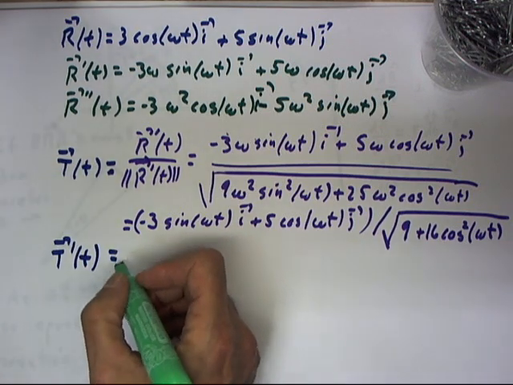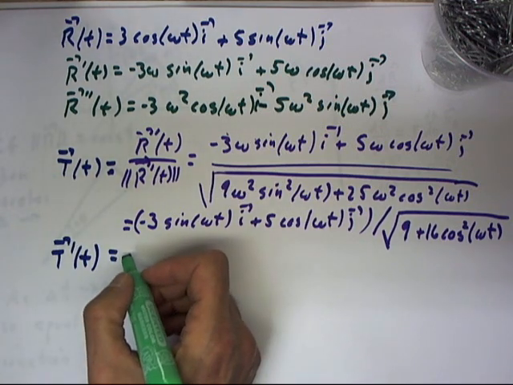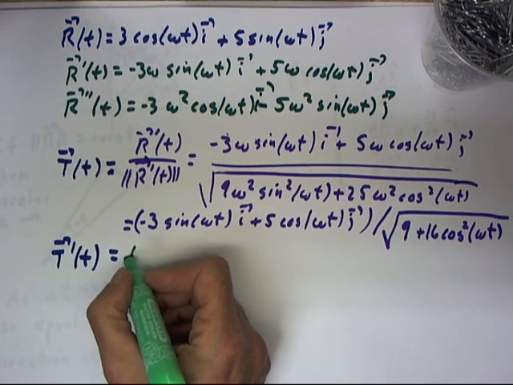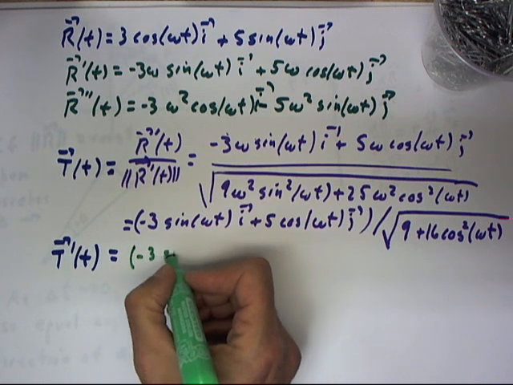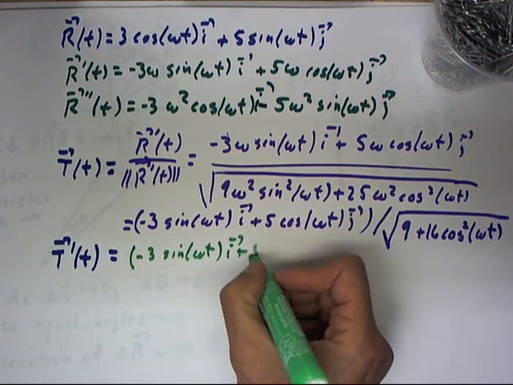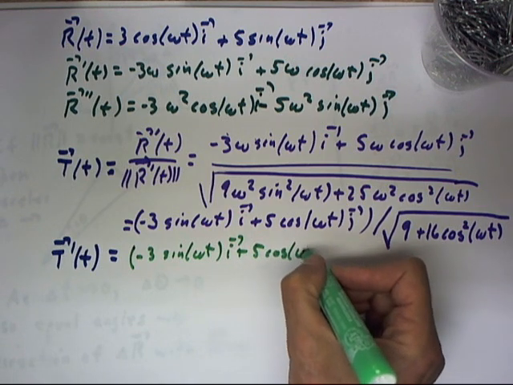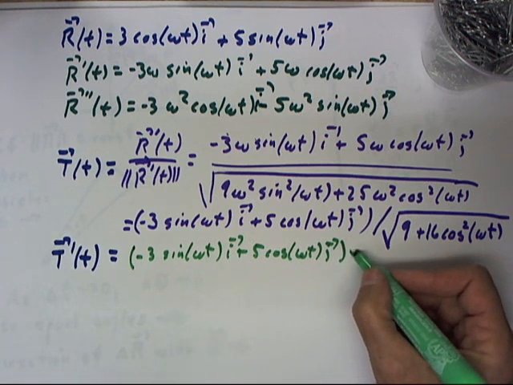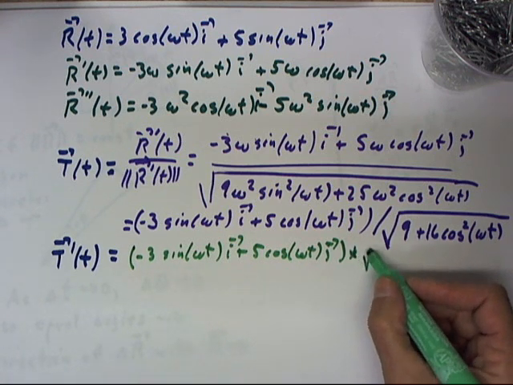So this equals, I'm just going to write it out, the derivative of the numerator function multiplied by the denominator function.